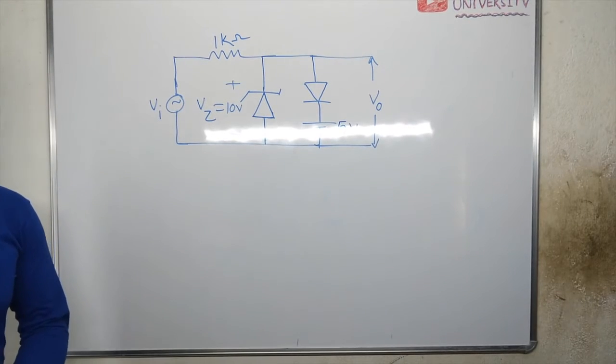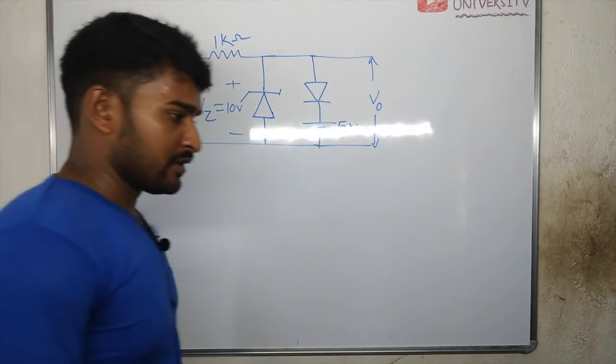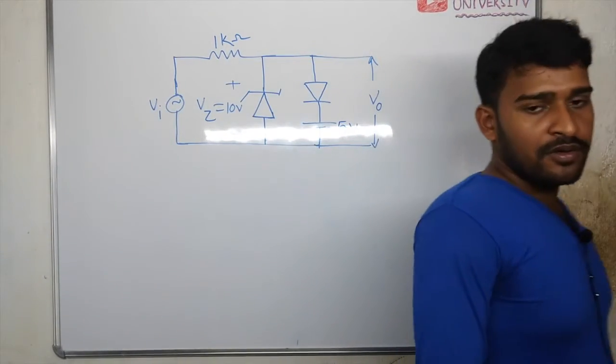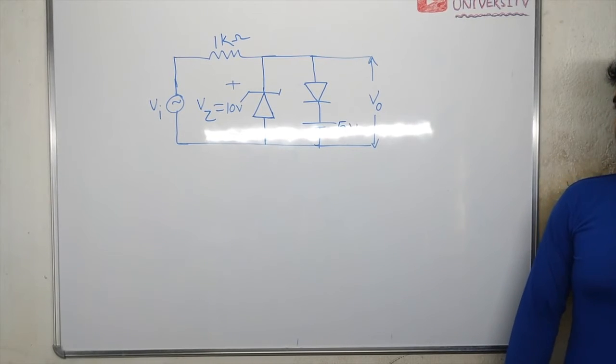So the question is, a clipper circuit is shown below. Assuming the forward biased voltage drop of the diode to be 0.7 volt, that is nothing but the cut-in voltage, the input-output transfer characteristics of the circuit is? The question is about finding the correct transfer characteristics for this circuit.